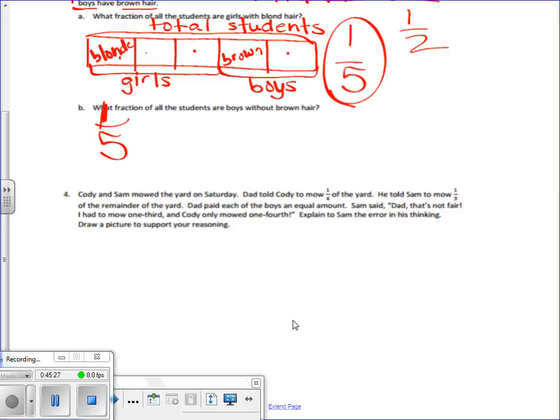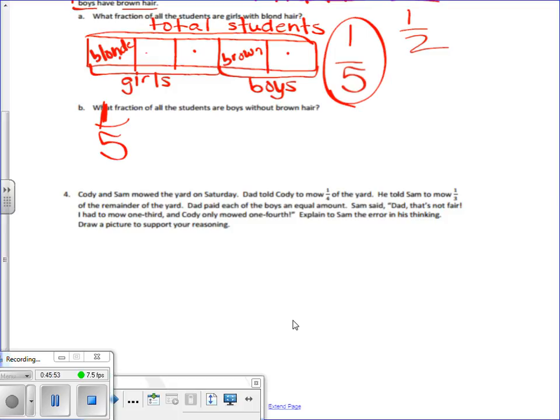Dad told Cody to mow 1/4 of the yard. He told Sam to mow 1/3 of the remainder of the yard. This sounds like a very complicated problem.